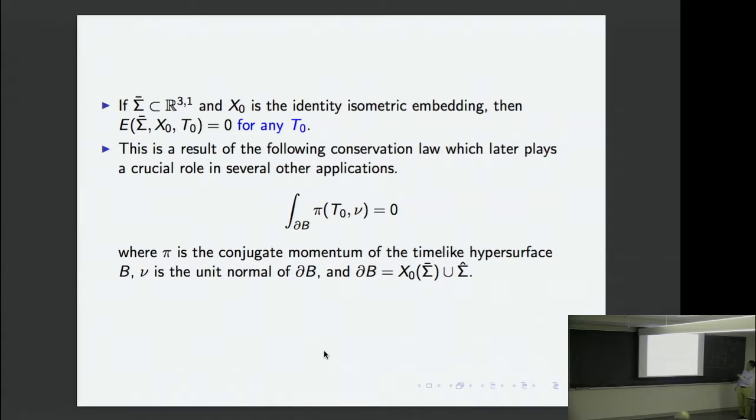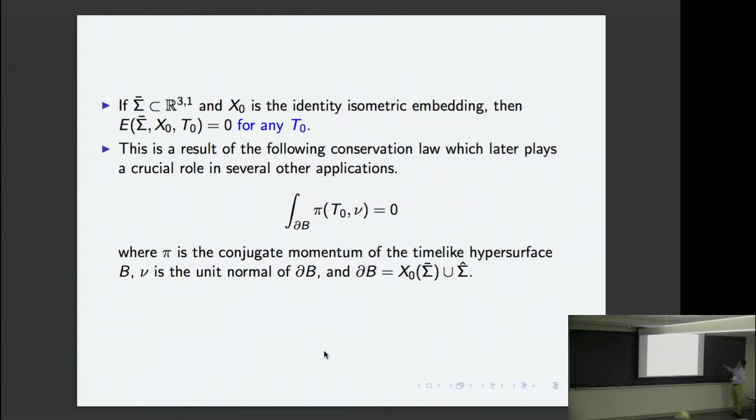And then we take this conjugate momentum, which means that this pi here is just pi_ij minus trace of pi times g_ij, where g_ij here is the metric of the surface B. Okay, and then I integrate this one here on this surface.